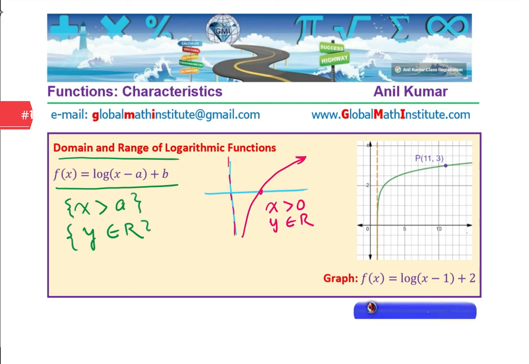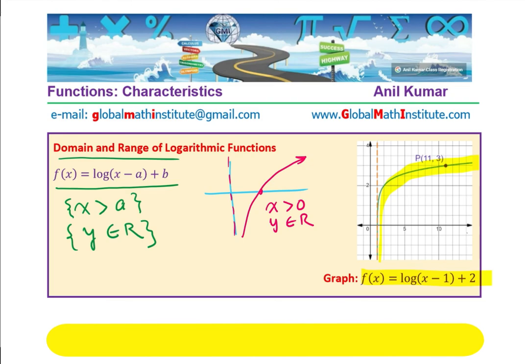Makes sense? So based on this knowledge, we have another question for you, which is f of x is log of x minus 1, plus 2. That is how we have it, and the graph for the same is also given to you to verify your results.